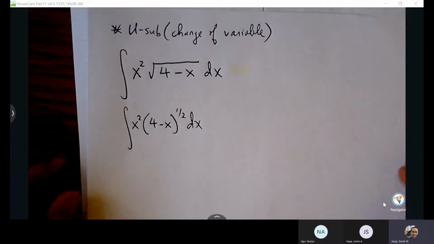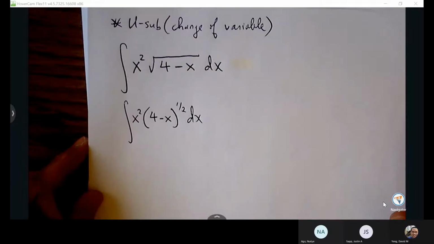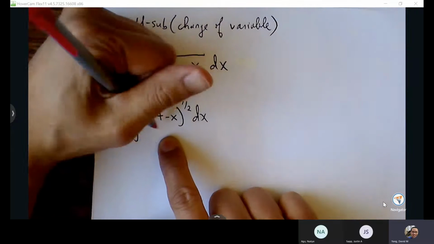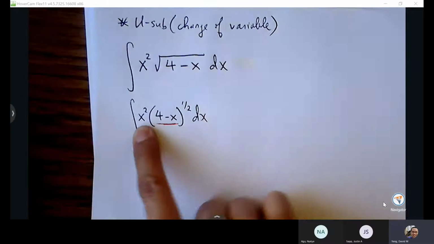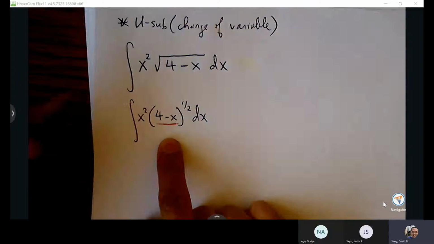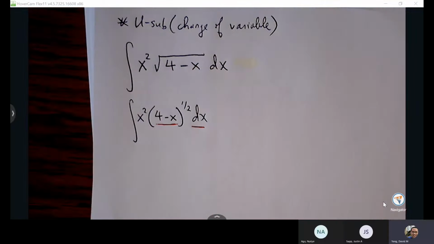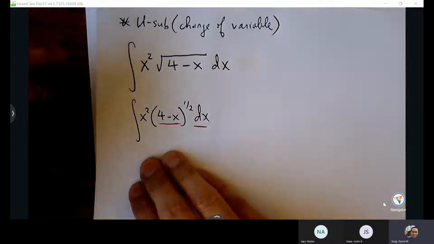Okay, what's our u value? 4 minus x, right? We know there's going to be a problem down the road because we know that this x squared is not going to go away. Right? Degree is too low. But we just know that we have some additional work ahead of us, but we can still work our way through. Okay, so u equals 4 minus x.